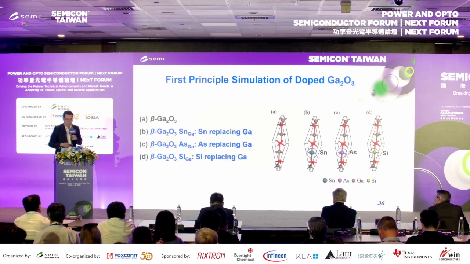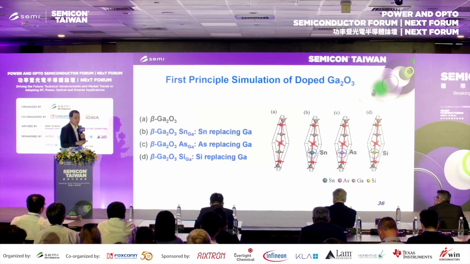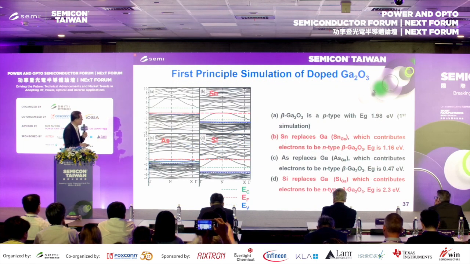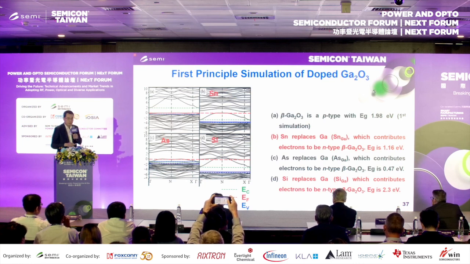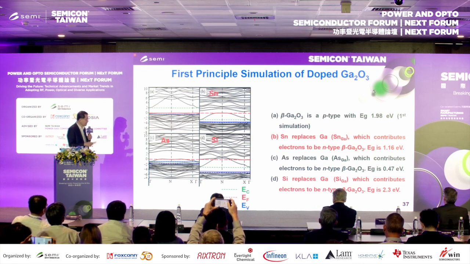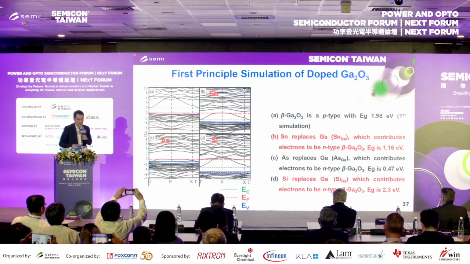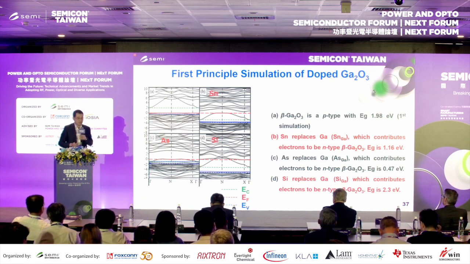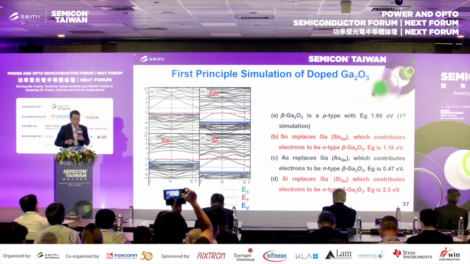The first principle simulation can give some trend. So we can see the first principle simulation of the doped gallium oxide, and finally we find the silicon. If the silicon replaces the gallium site, it will contribute an electron to the gallium oxide.